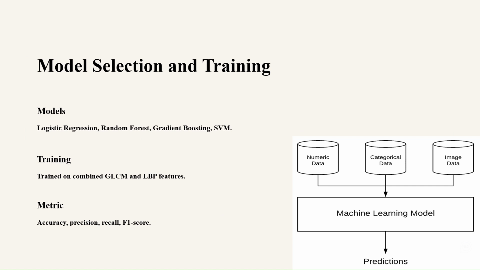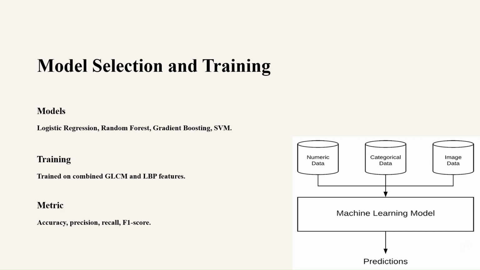Then model selection. So now comes the main part, that is model selection. As we don't know which model would give better results, we have tested four models: logistic regression, random forest, gradient boosting, SVM, using the bagging technique. After training, we used the combined results of GLCM features and LBP features.